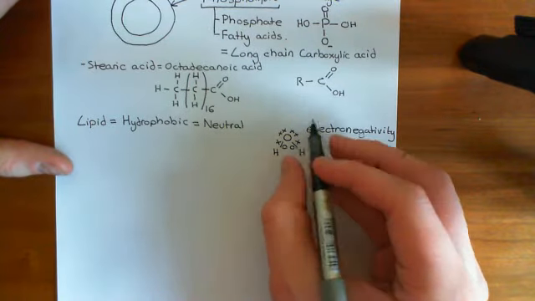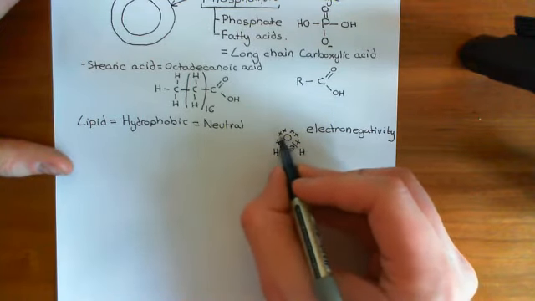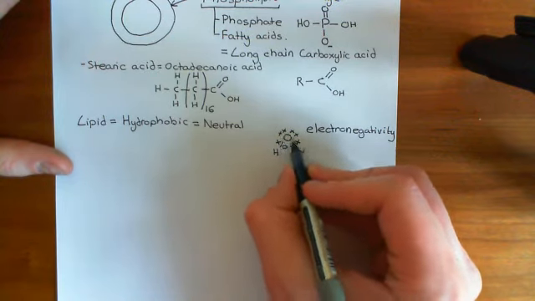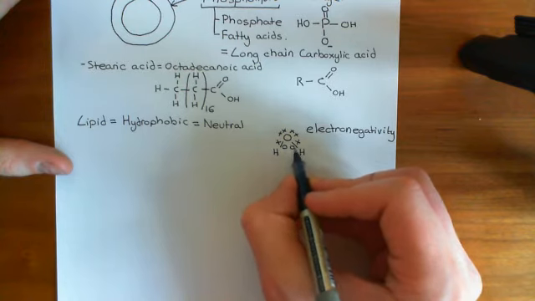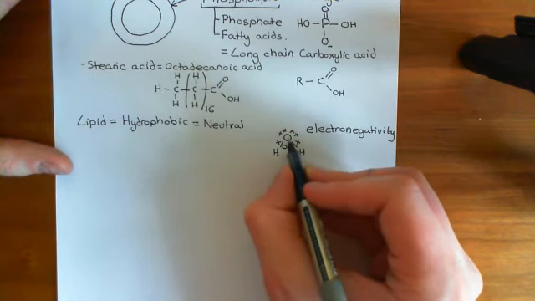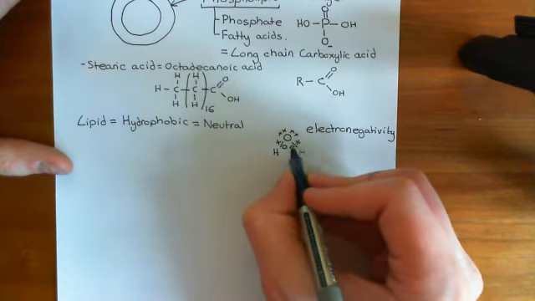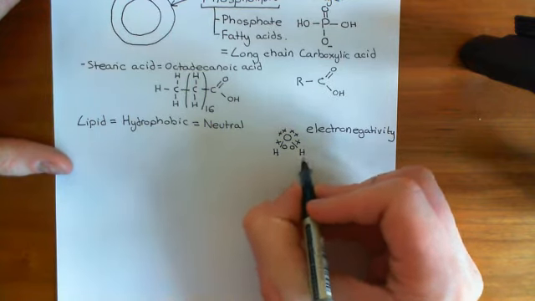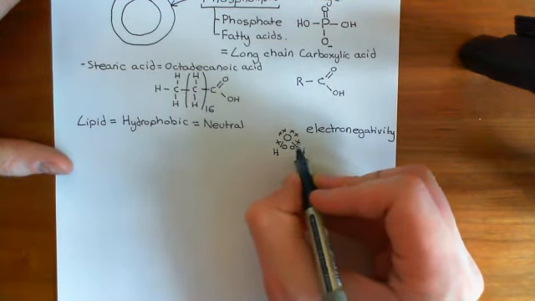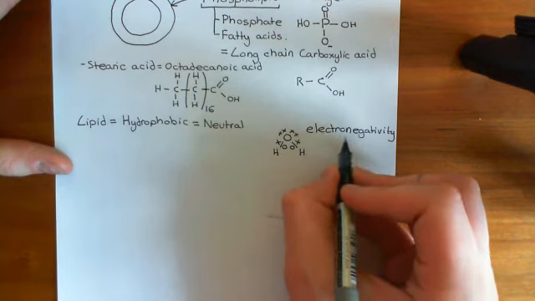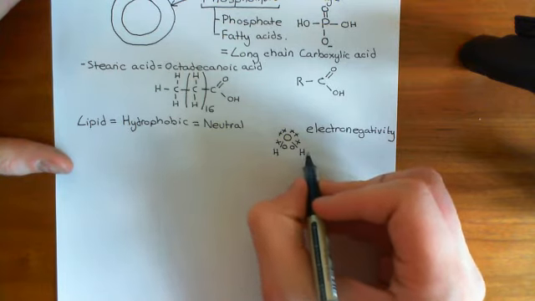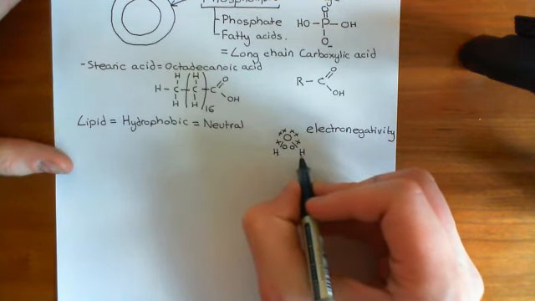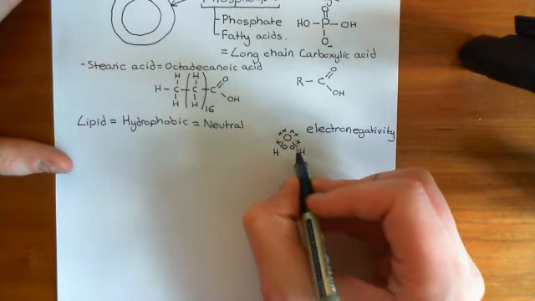What that means is that the oxygen nucleus, even with these inner shell electrons shielding it from the electrons in this covalent bond, is going to exert a greater pull on the electrons within this covalent bond than the hydrogen nucleus will. So that's what is meant by electronegativity: the ability of the oxygen atom to pull electrons within a covalent bond is greater than the ability of the hydrogen nucleus to pull electrons within a covalent bond.